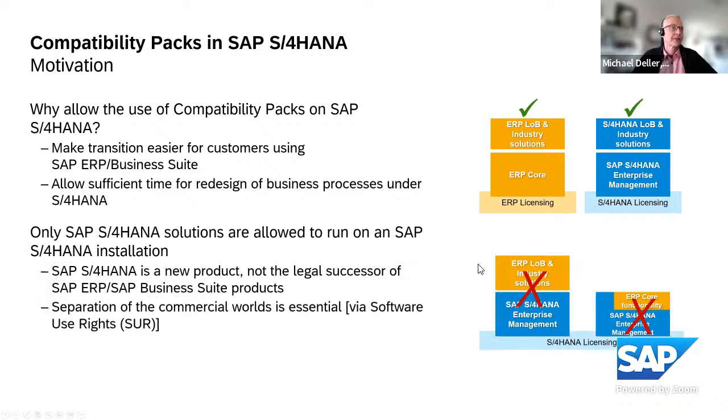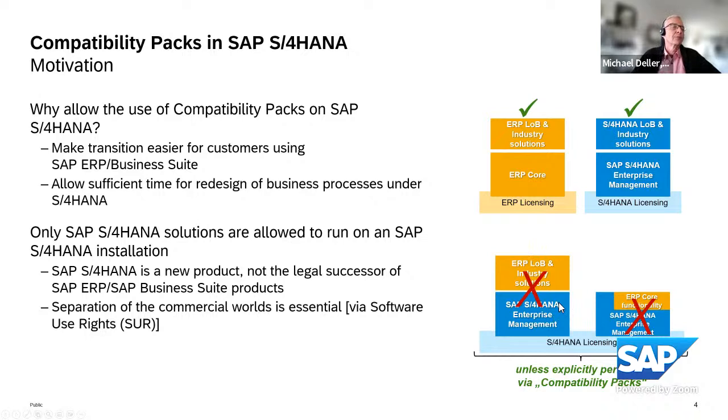And at the same time, we had to make sure that the commercial worlds of ERP and S/4HANA remain separated. That is a really important aspect, a legal aspect, which I'm not going to go deeper into, but that separation is really, really crucial for us. So therefore, we also had to make sure that classic solutions are not allowed and not able to run on an S/4HANA instance.